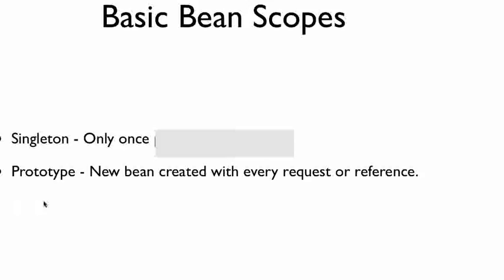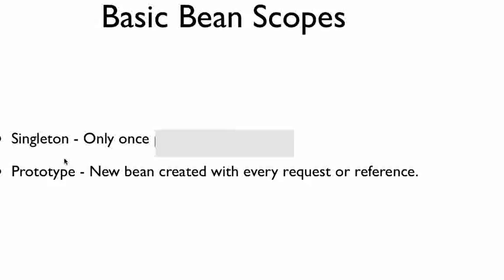So the singleton default is what causes Spring to initialize all the beans during load time itself. If a bean is defined as a singleton, when this context is being initialized, all the singleton beans are going to get initialized during the initialization of the context itself. It does not wait for a get bean.